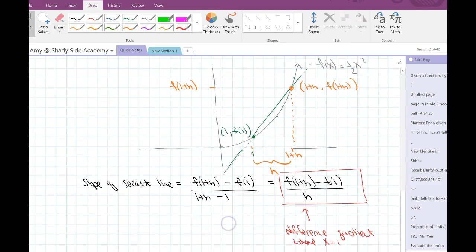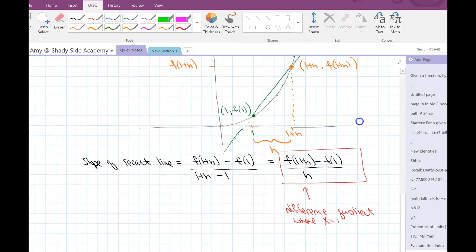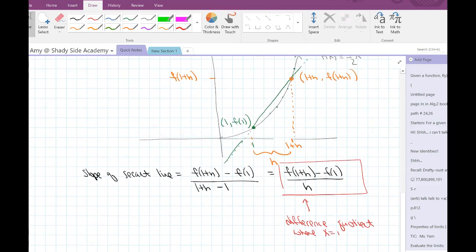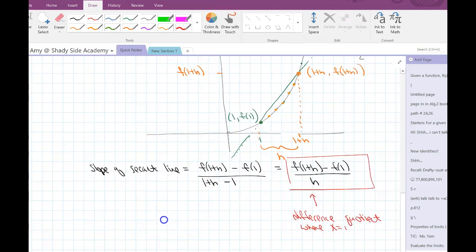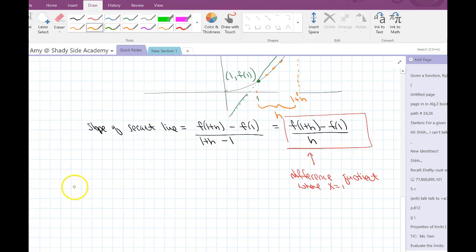Now, let's see. We said that as h approaches 0, as this gap closes, this secant line gets pulled closer and closer and closer. How can we write that?